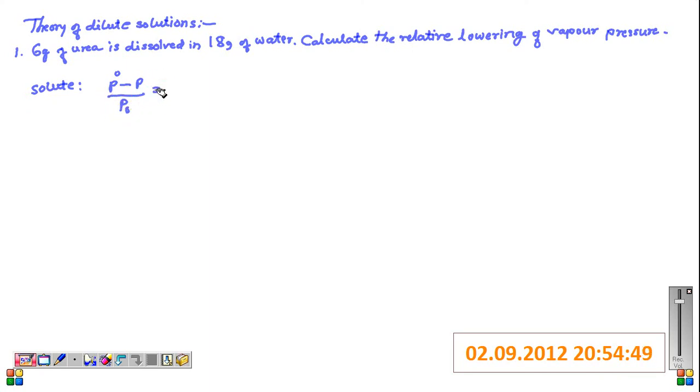This is equal to mole fraction of a solute, N2 divided by N1 plus N2. N2 is the number of moles of a solute, and N1 plus N2 is the total number of moles of solute and solvent. This is according to Raoult's law.